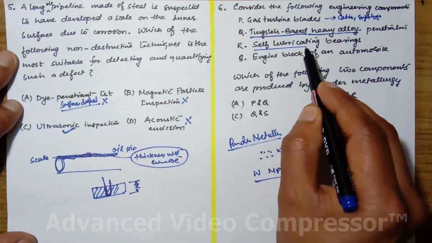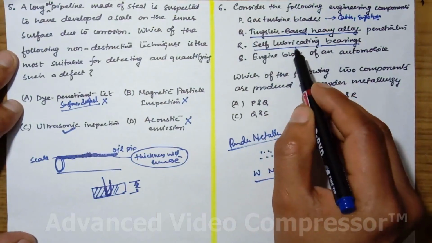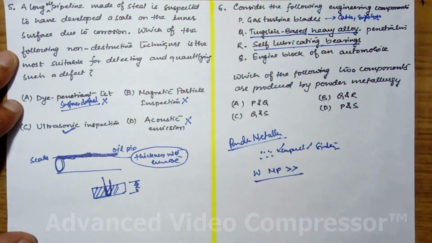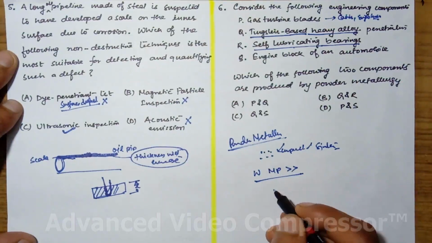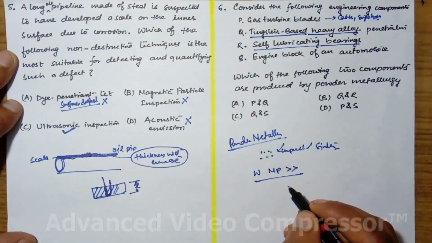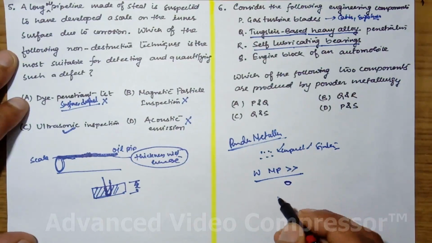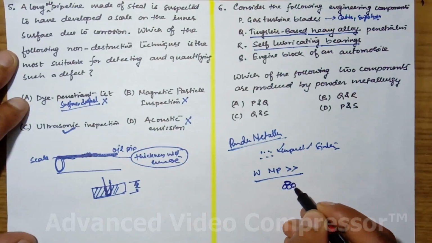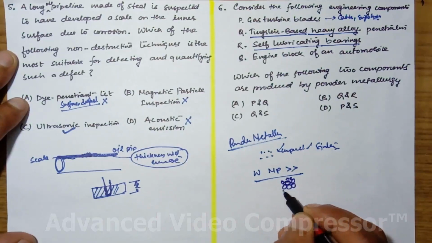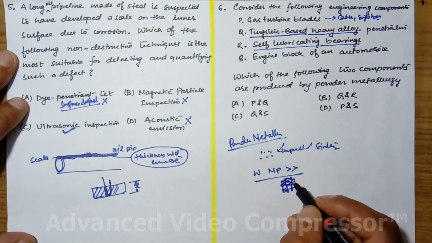Self lubricating bearings are also produced by powder metallurgy. This is a special type of bearing in which we use two different types of particles. Suppose this is the bearing part, and we also add some copper particles, or copper powder.